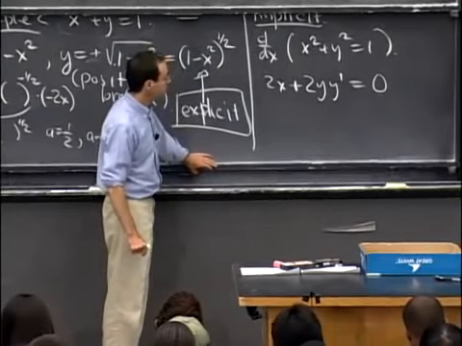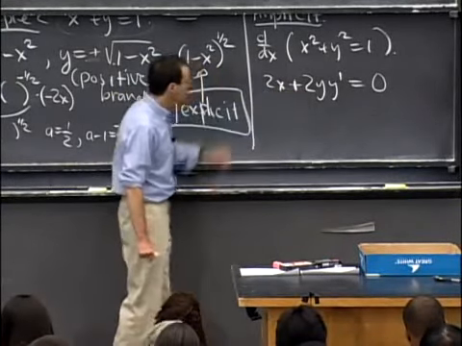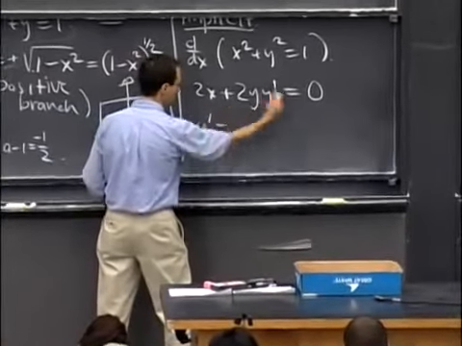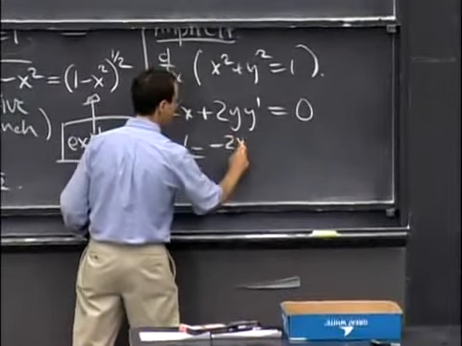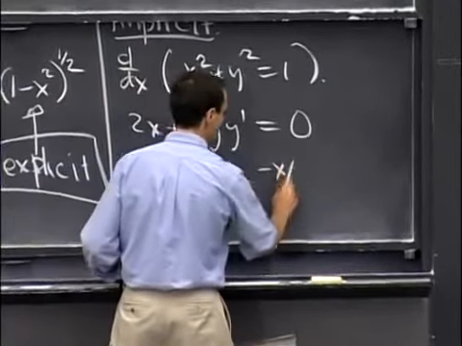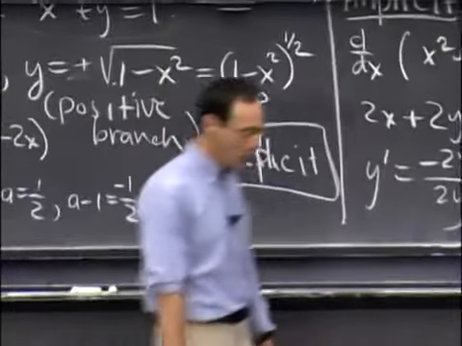All right? So now, all I have to do is solve for y prime. So that y prime, if I put the 2x on the other side, is minus 2x and then divide by 2y, which is minus x over y. All right? So let's compare our solutions.